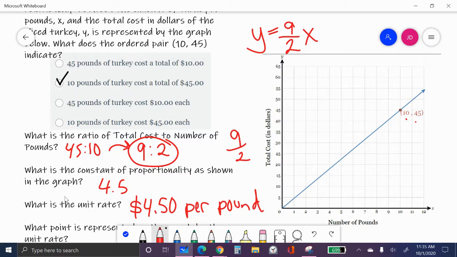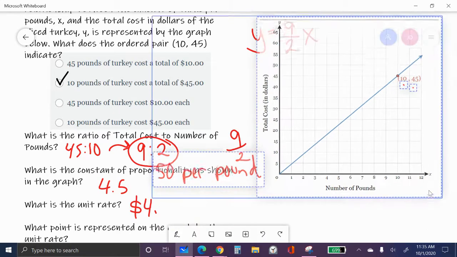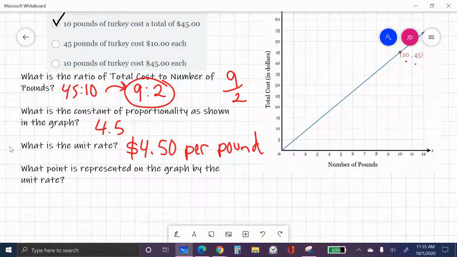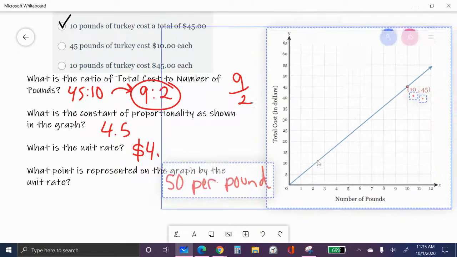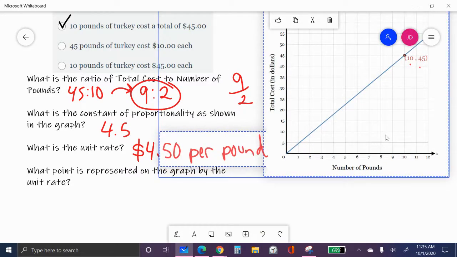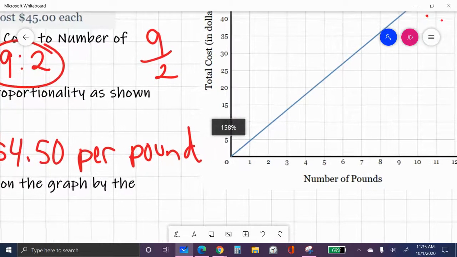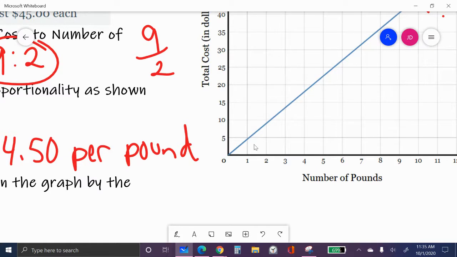And if I wanted to graph that, let me scroll down a little bit. What point is represented by that on the graph? It is this point right here. Now I have to zoom in a little bit because it's really tough to see. It really doesn't hit 5 right there. It hits right below it.